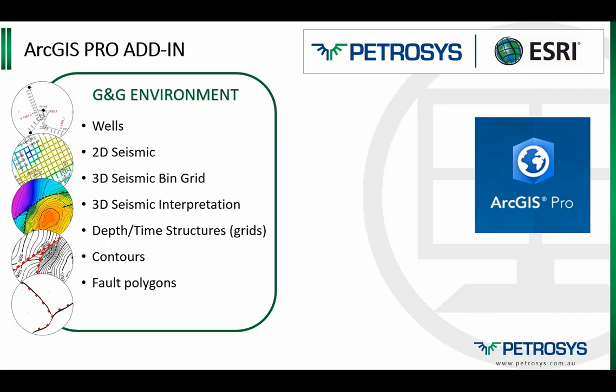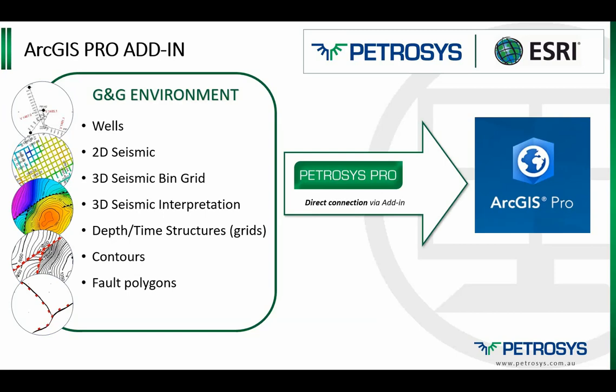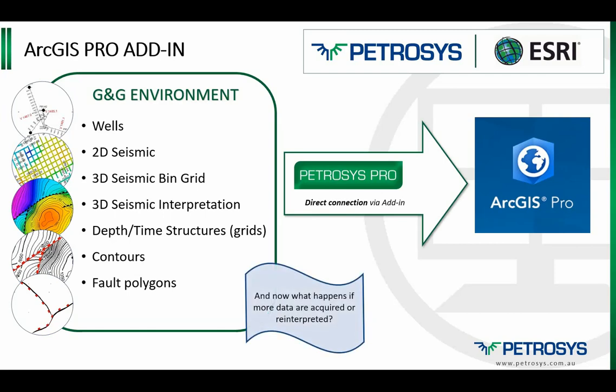Okay, so to summarise then, this is the schematic that I started with, which showed that the G&G environment is essentially separate from the GIS world. What hopefully you've seen through my slides and through Kat's demo is that we now have a tool which connects these directly using our direct connection capabilities to display and also grid data and push it straight inside of ArcGIS Pro.